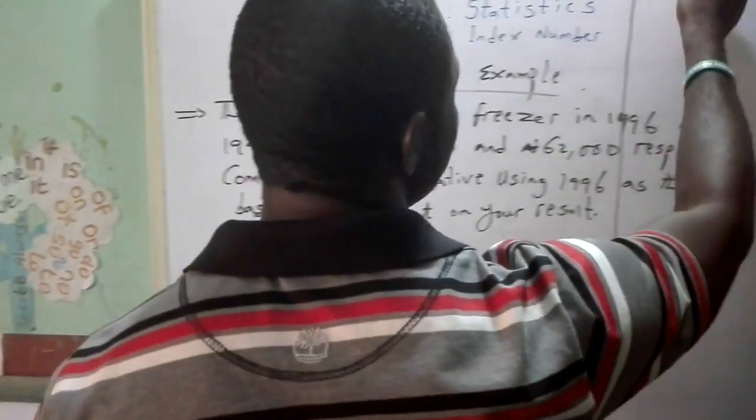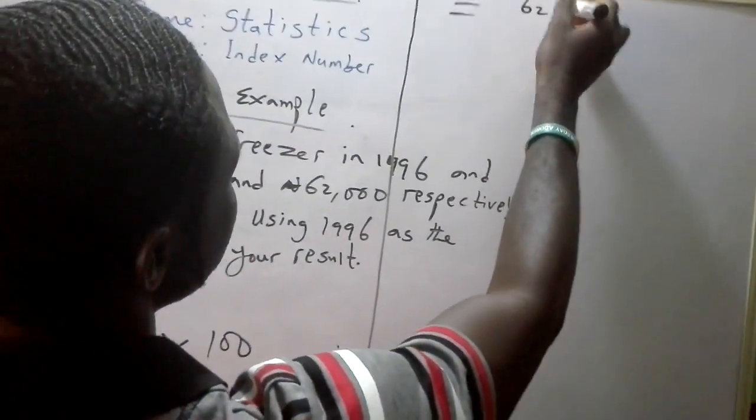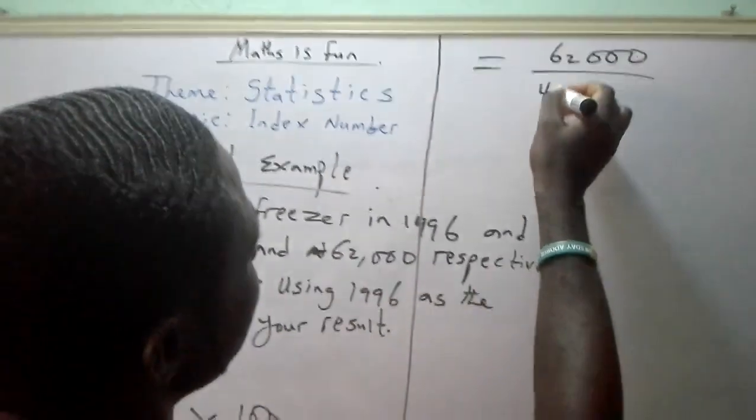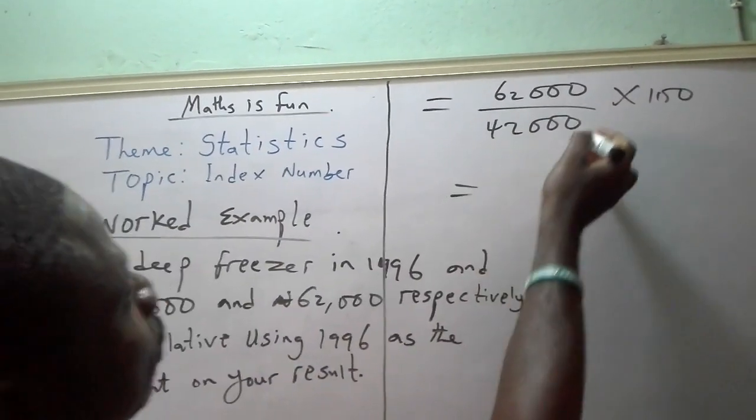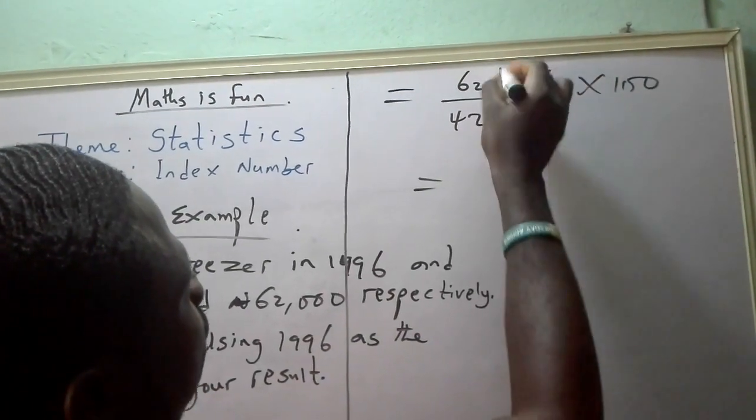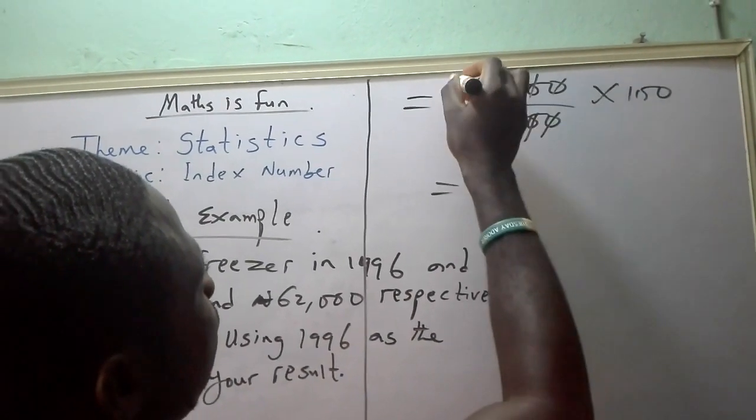So whereby you have 62,000 over 46,000 times 100. 0 cancel 0, 0 cancel 0, 0 cancel 0. Then we do the long division.